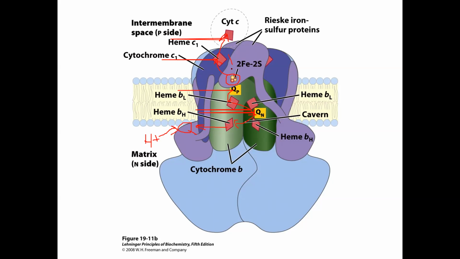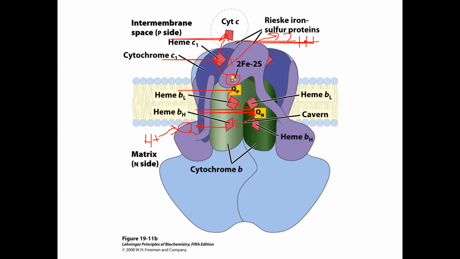So with this transfer, though, you gave it 1 electron, but you're still pumping 2 protons out here. For every one of these that comes up, you're doubling essentially the amount of protons that you pump with each one of these.